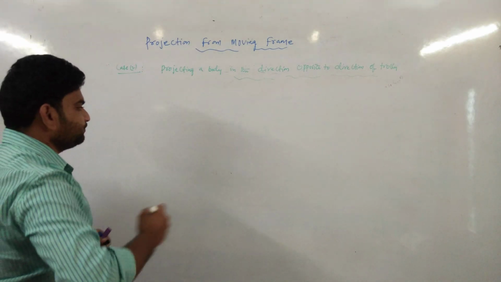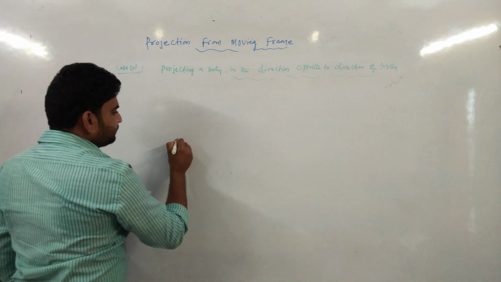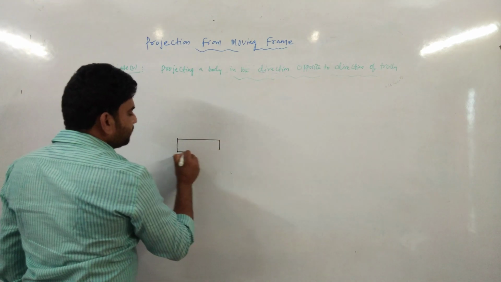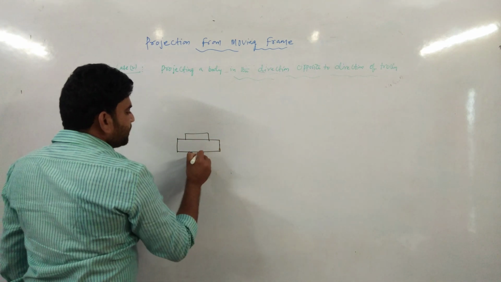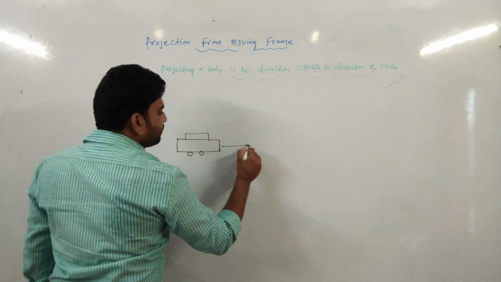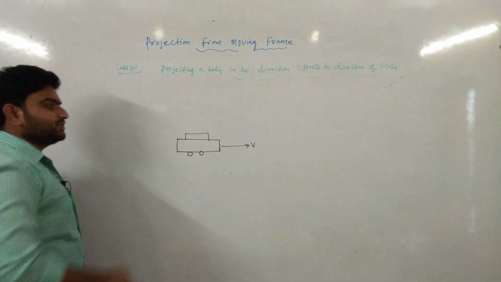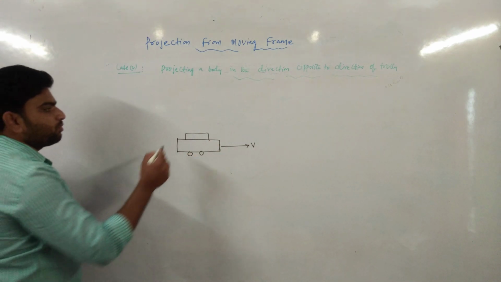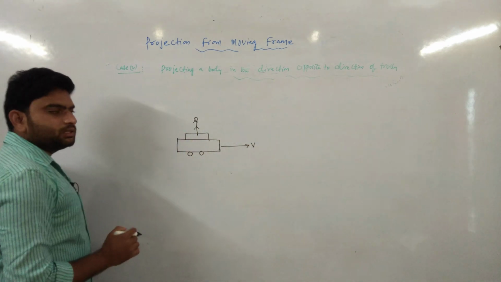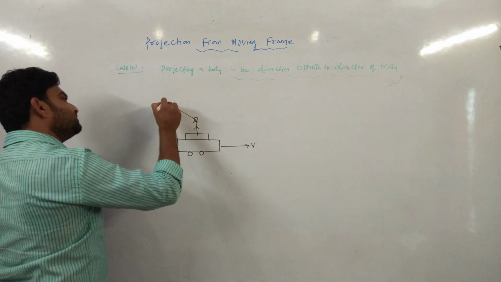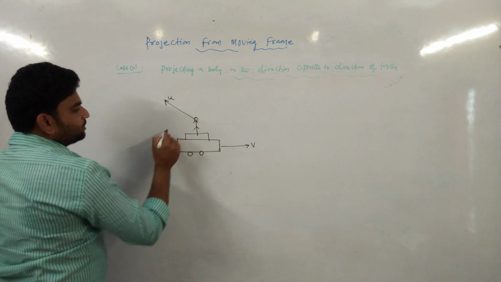Now we'll see that. The same situation I am taking. Say I have a trolley here, and imagine this trolley is moving with a velocity v in that direction. Now in this case, the body is projected opposite to the direction of movement of the trolley. That means it has to be projected in this direction. Say this is u. So what happens?